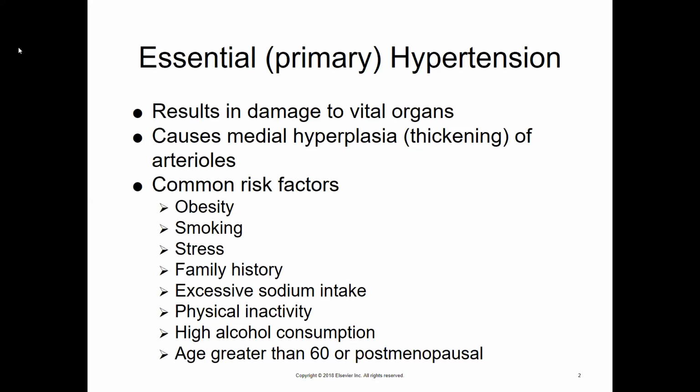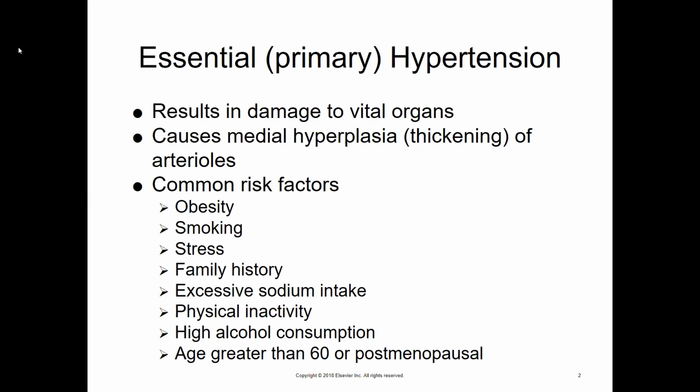So essential or primary hypertension, that is going to be on page 721, table 36-1. It's the most common health problem seen in primary care. Can obviously cause strokes, MIs, kidney failure, death if not treated, but it's not caused by an existing health problem.